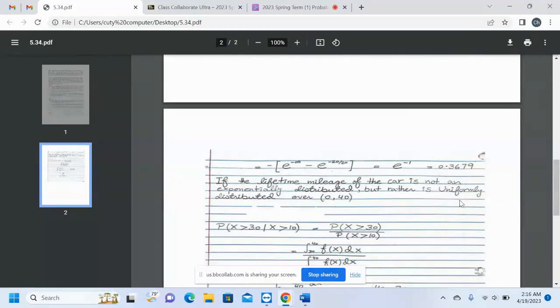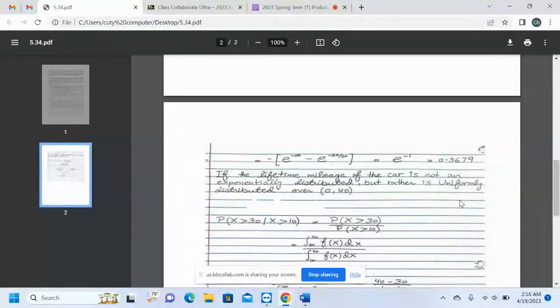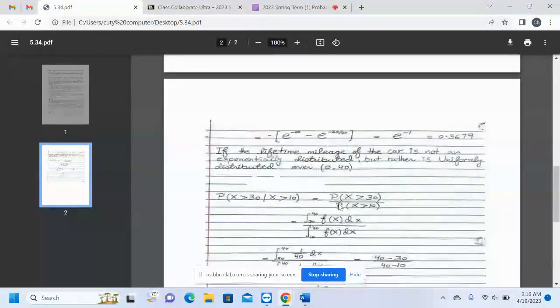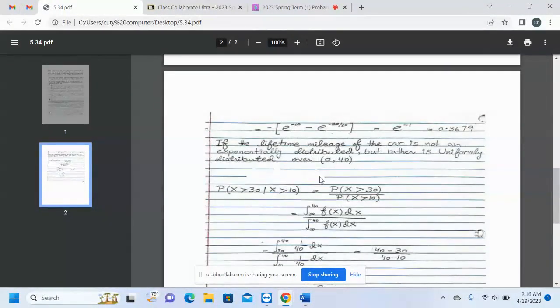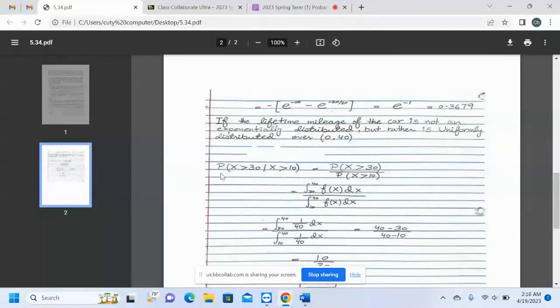And for part B, we have to find the uniform distribution, if the lifetime mileage of the car is not exponentially distributed, but rather is uniformly distributed over 0 to 40. So for uniform distribution, we have the formula probability x greater than 30 given x greater than 10, which is equal to probability x greater than 30 over x greater than 10.